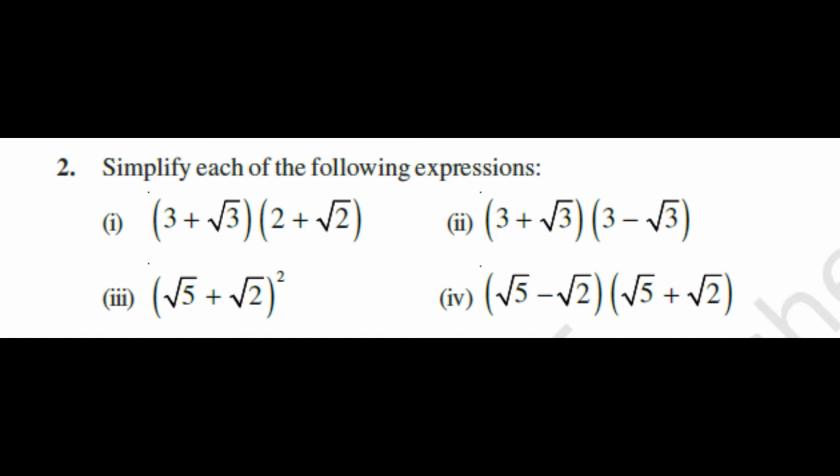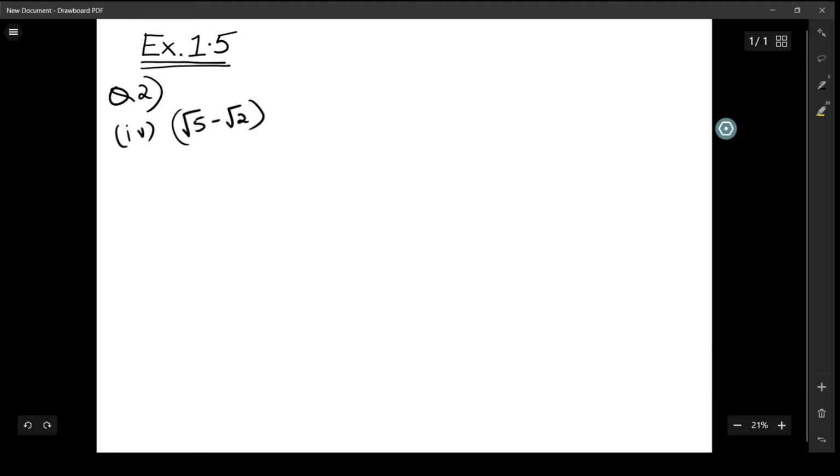The fourth part is root 5 minus root 2 whole multiplied by root 5 plus root 2. Now again, this is of the form of our equation a minus b into a plus b.